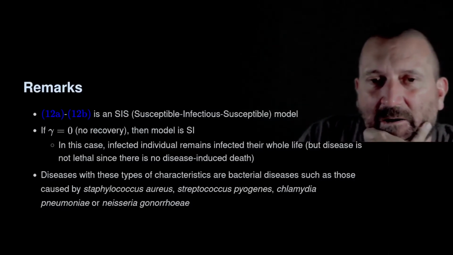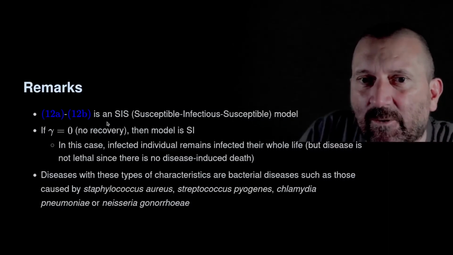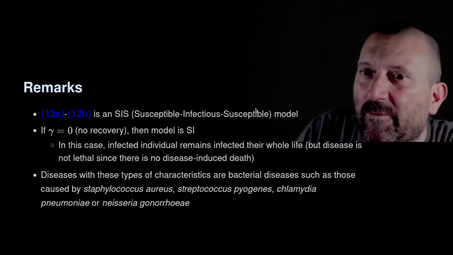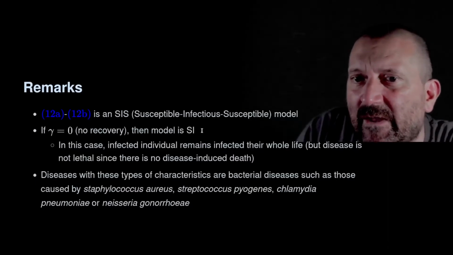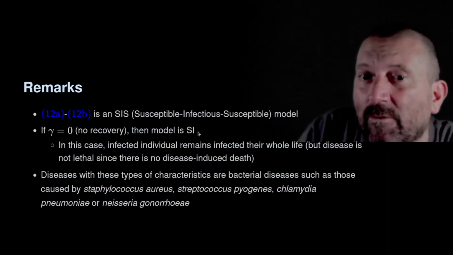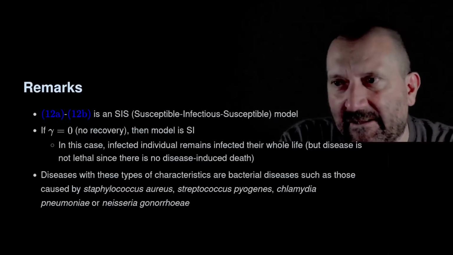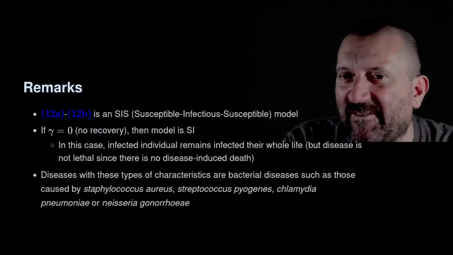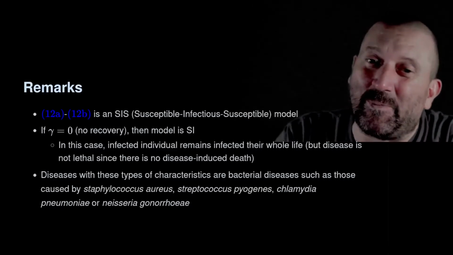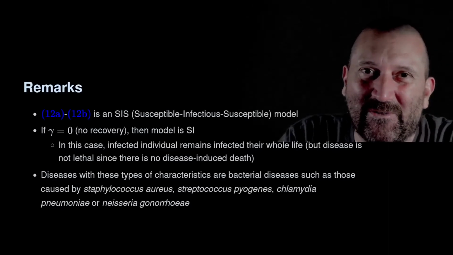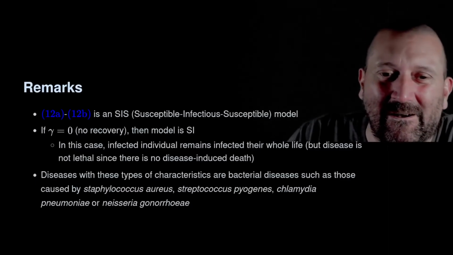Now, the model that we just formulated is what we call an SIS model, for susceptible, infectious, susceptible. If there's no recovery, then the model is what we call an SI model, which would be one where the disease is chronic. Say HIV, you never recover from HIV. That would be a very bad model for HIV because it would be a little simplistic, but still it could be considered a model for HIV.